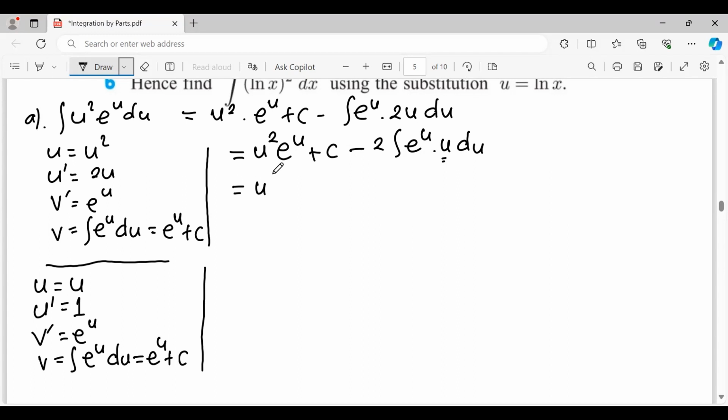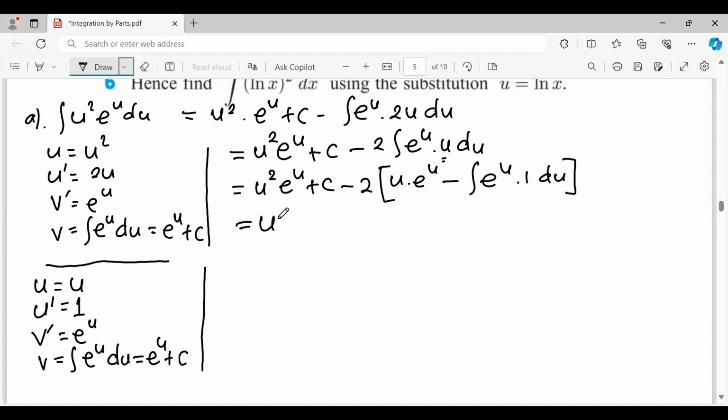So it becomes u squared e power u plus c, minus 2 times u times phi, u times e power u, minus integral phi e power u times 1 du.